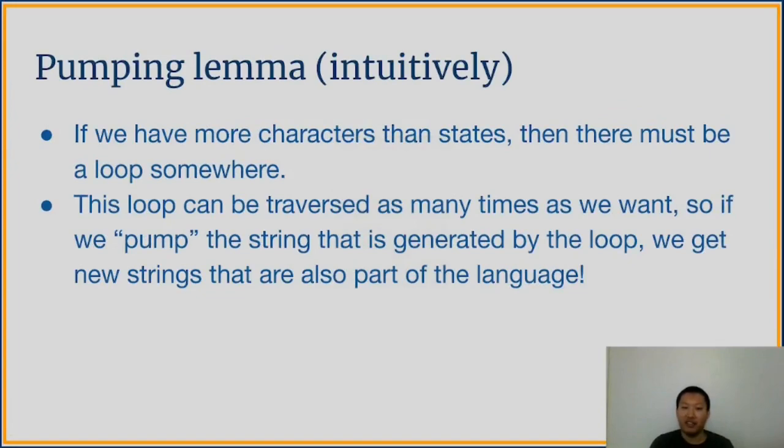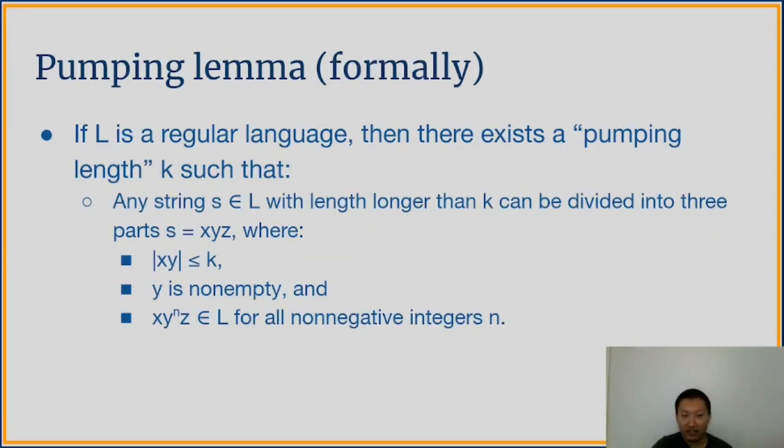So I've written this here. The loop can be traversed as many times as we want. So if we pump the string that is generated by the loop, we get new strings that are also part of the language. I've written this out formally here. You don't really have to worry about this too much, but I'll go over it with you. If L is a regular language, there exists some pumping length k, such that any string longer than k characters, and remember this only works if the string is long enough, can be divided up into 3 parts.